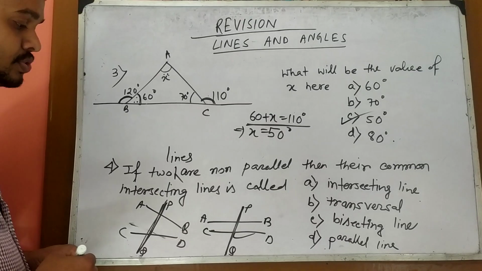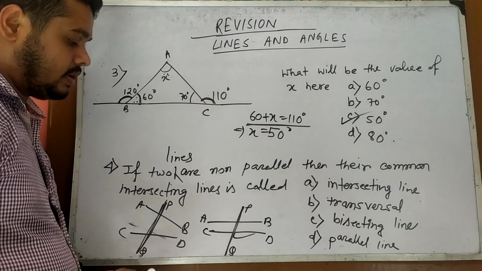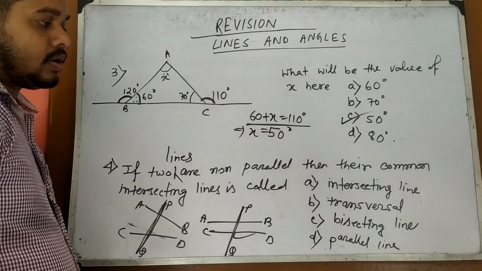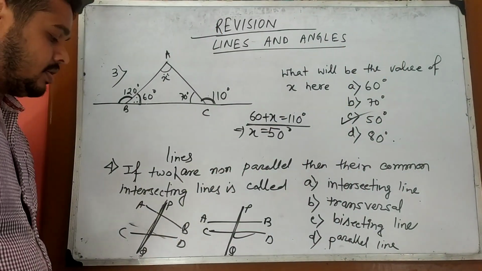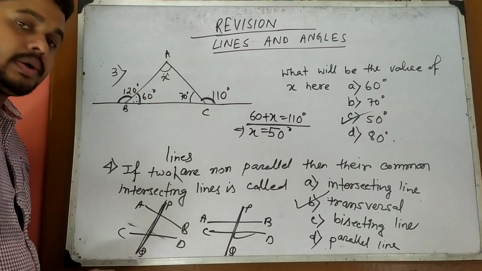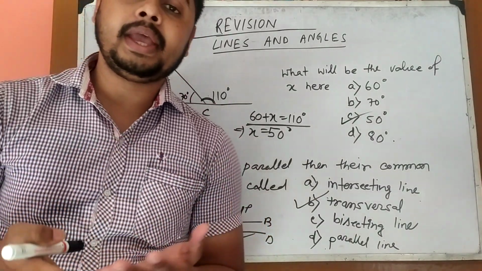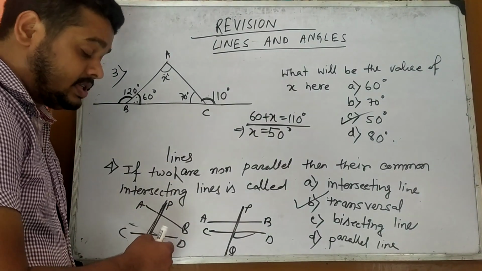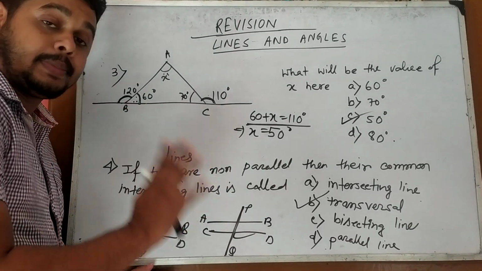Okay, but few students are worried about what this line is called. Commonly they say that it is the intersecting line. But actually this answer will be transversal line. Two lines may be parallel, may not be parallel. This is the common general property, and this is a particular case when the two lines are parallel.